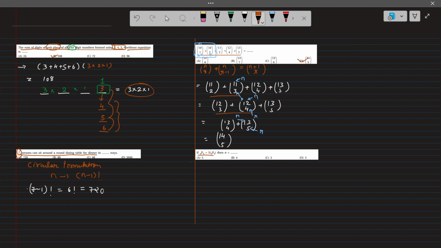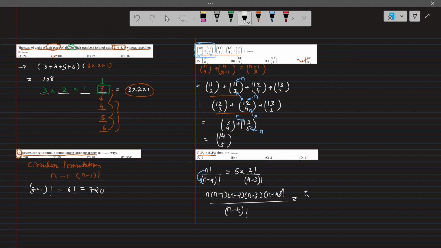If nP4 equals 5 into 4P3, the value of nP4 is n factorial upon n minus 4 factorial, equals 5 into 4P3, which means 4 factorial upon 4 minus 3 factorial. Now we'll expand this n till n minus 4: n into n minus 1 into n minus 2 into n minus 3 into, we'll stop at n minus 4 factorial, whole upon n minus 4 factorial.